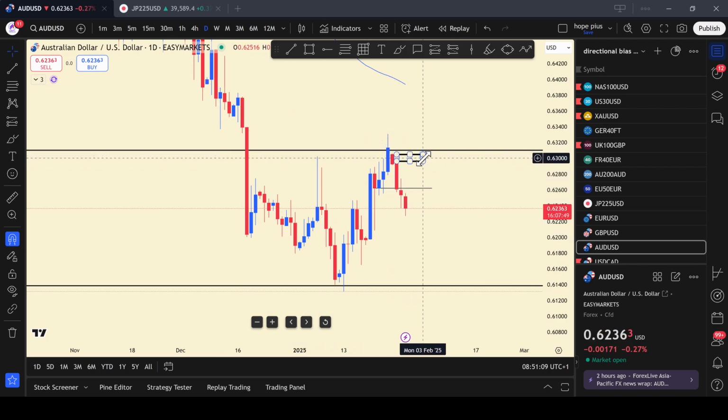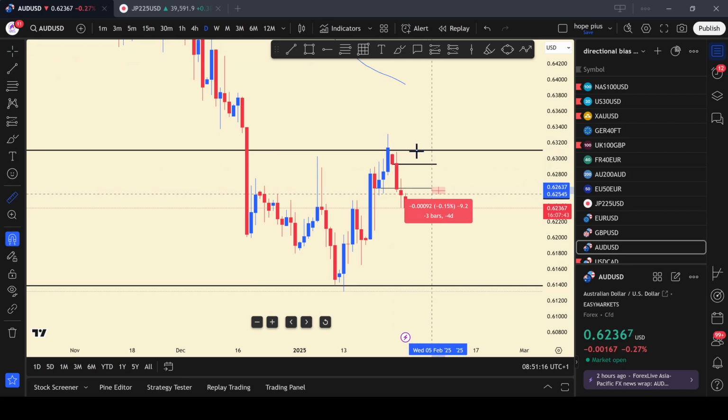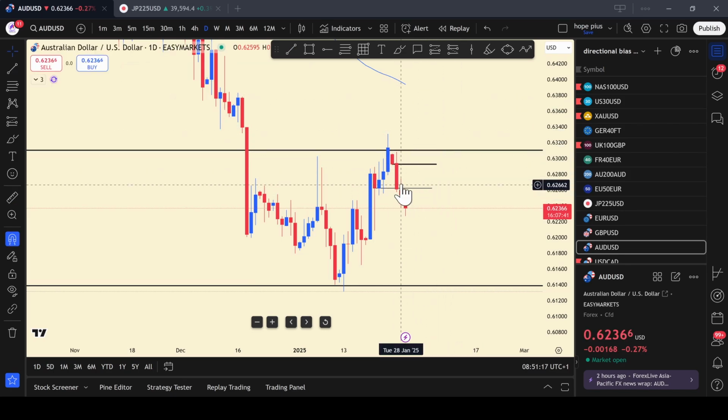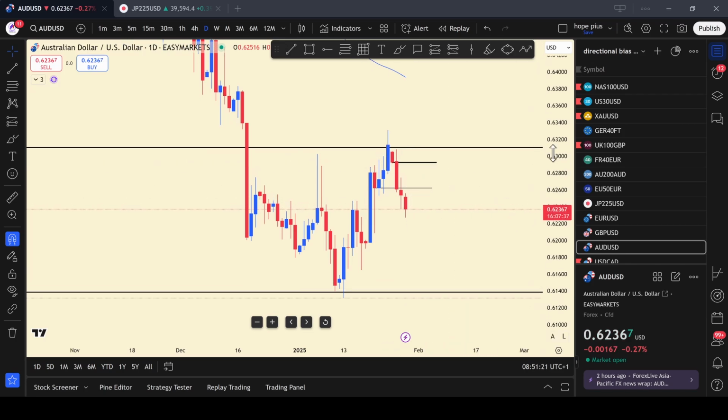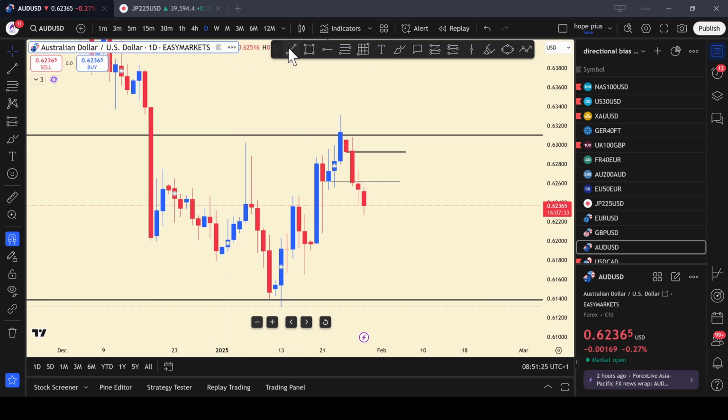I have different levels though. We're expecting price to come in here. This is what I sent out, but the people I sent it out to did not get this entry. However, this was where the market rejected from. I wanted a deeper push in, but market did not come in deep here. Instead, it rejected from here and started moving to the downside.